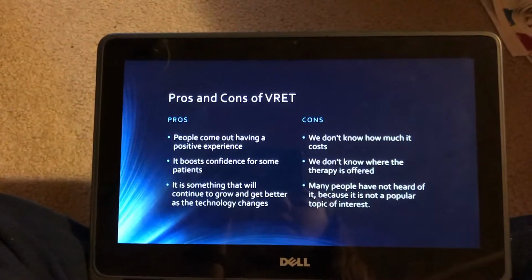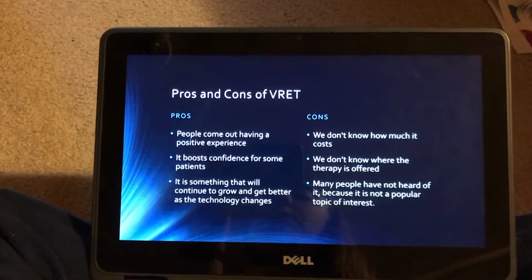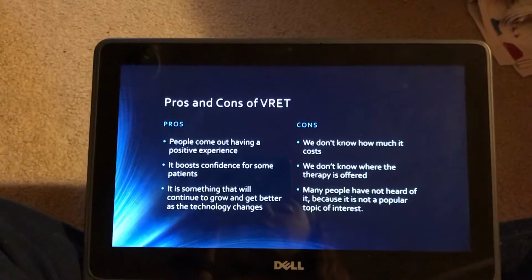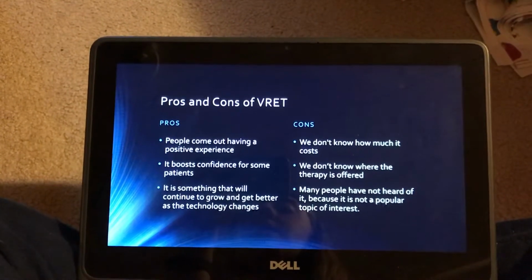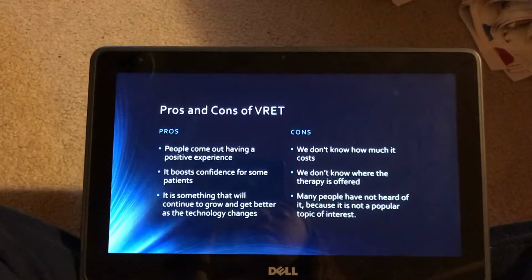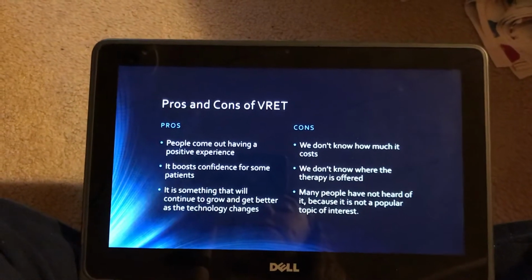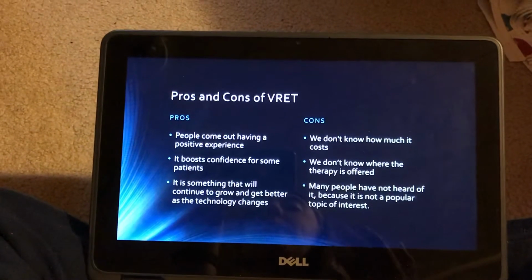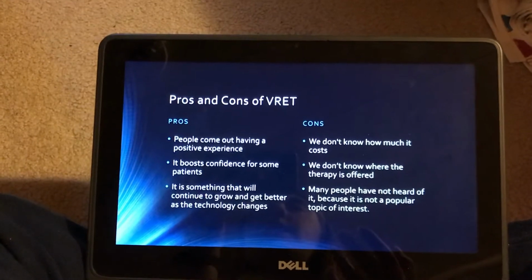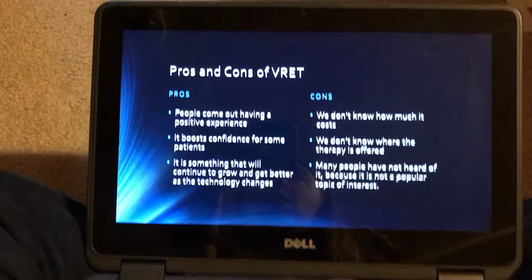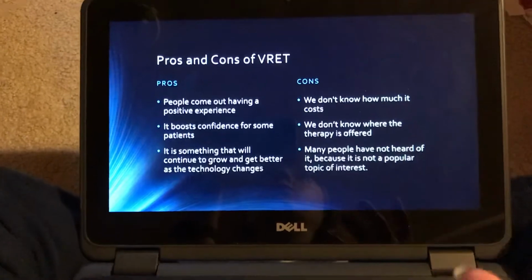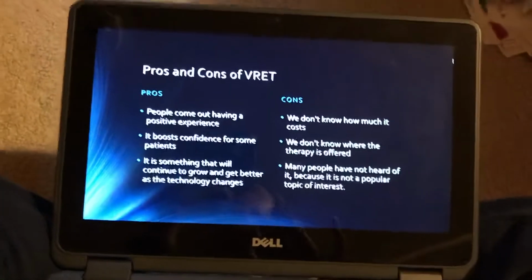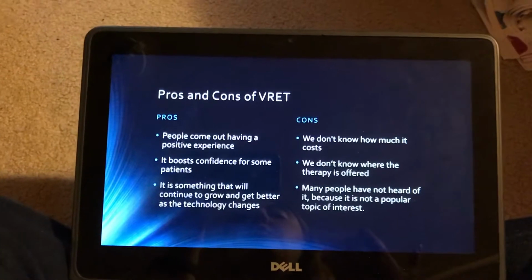So the pros of the exposure therapy are that most people come out having a positive experience, and for those people it does boost their confidence a lot. And this topic is something that I feel will continue to grow and blossom and get better as the technology in this world just continues to change.